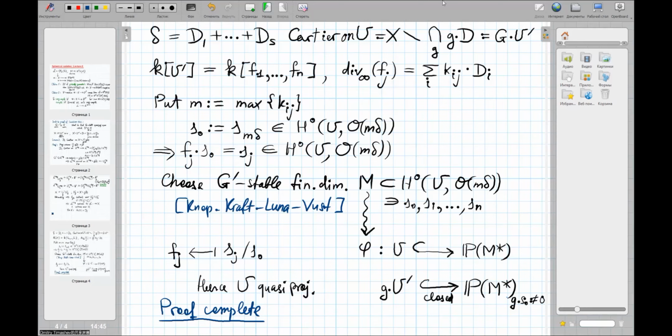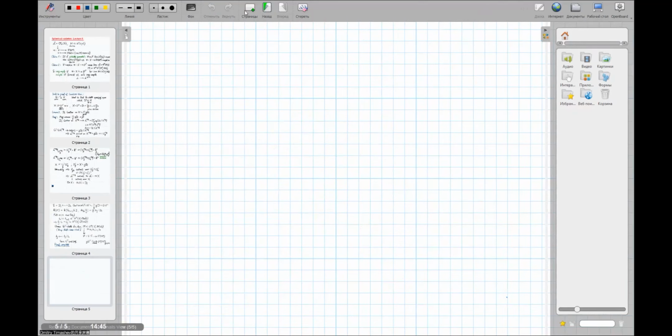Well, I think it's time to come to the second half of my lecture. So we have proved the Sumihiro theorem. Let me accompany it with a concluding remark.